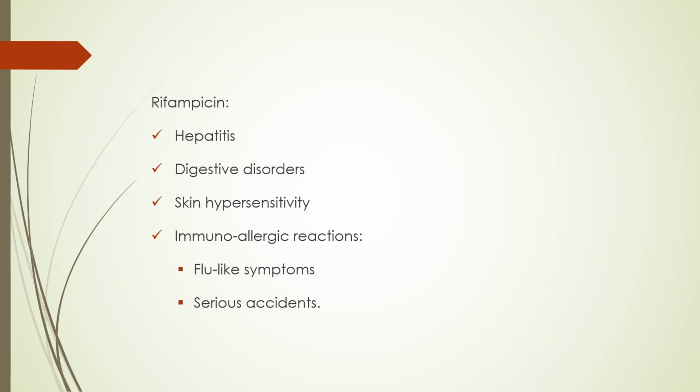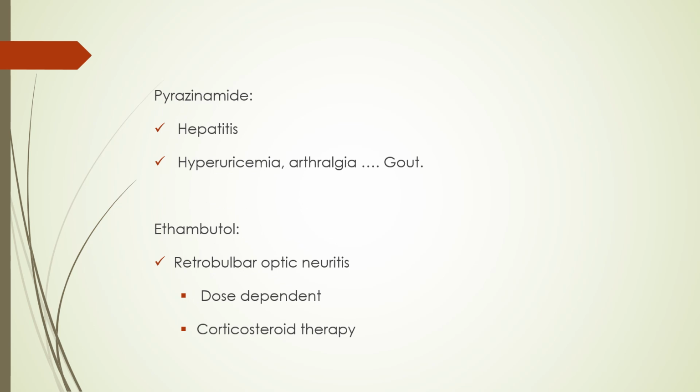For rifampicin, it could be responsible for hepatitis, digestive disorders, skin hypersensitivity, and some immune allergic reactions. For pyrazinamide, also hepatitis and hyperuricemia, arthralgia, and gout. And for ethambutol, it could be responsible for some eye problems, what we call retrobulbar optic neuritis.